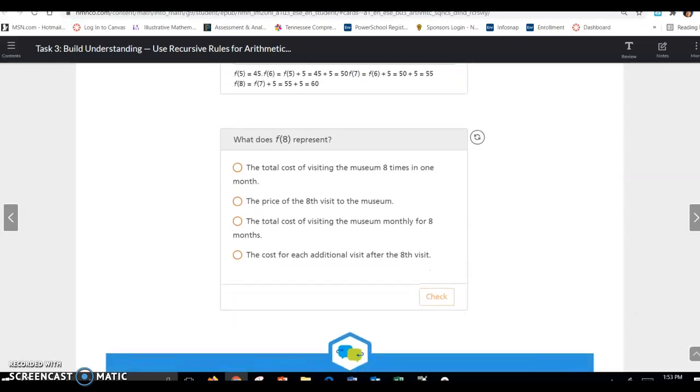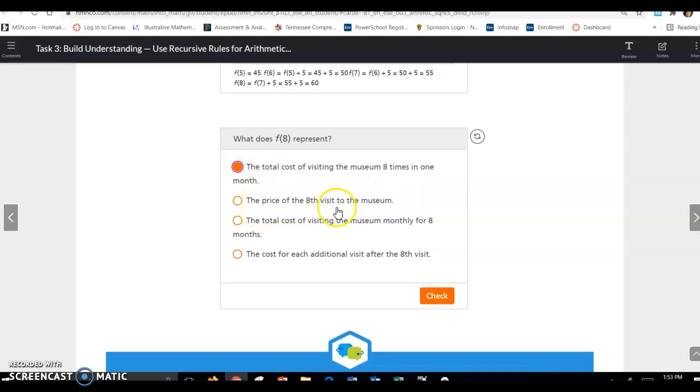All right, what does f of 8 represent? The total cost of visiting the museum 8 times in a single month. The price of the 8th visit? Nope, one visit doesn't cost that much. The total cost of visiting the museum monthly? Nope, because you have to visit that many times in a single month. And the cost for an additional visit after the 8th visit?